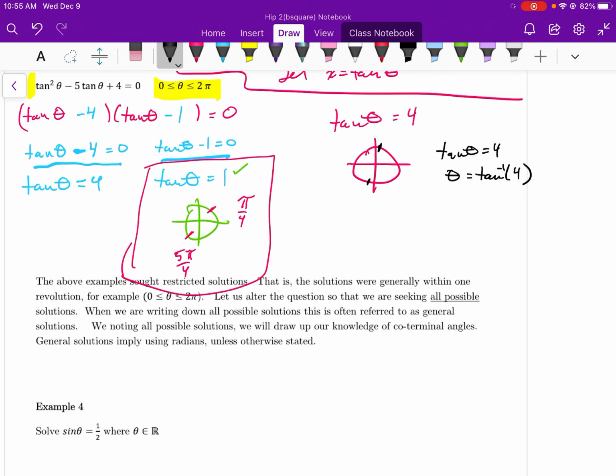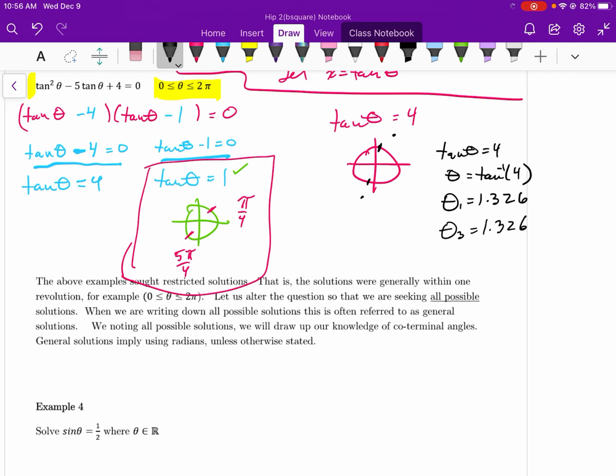And what I get is theta 1 is equal to 1.326. Now, if I know my theta 1, how do I get my theta 3 solution? Well, that would be just to simply add pi.